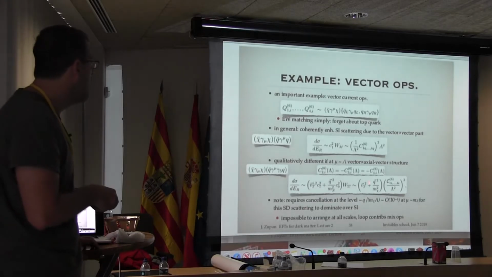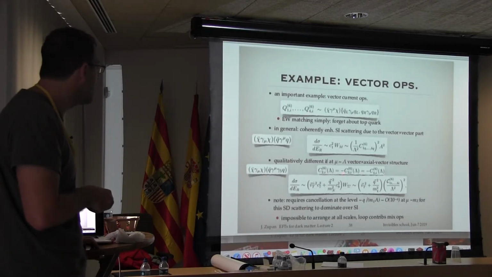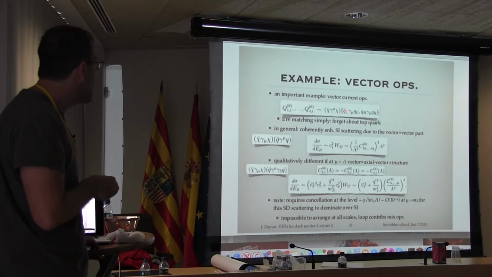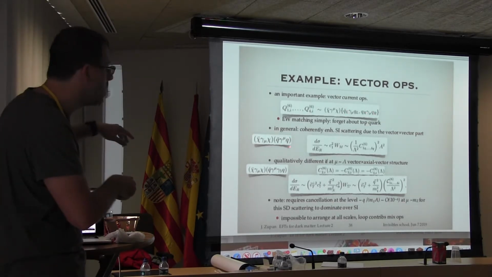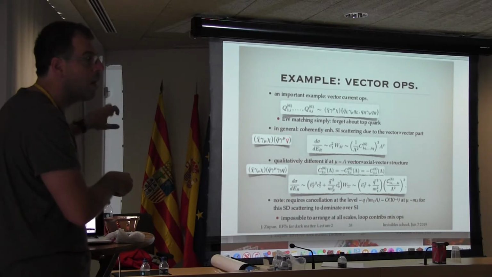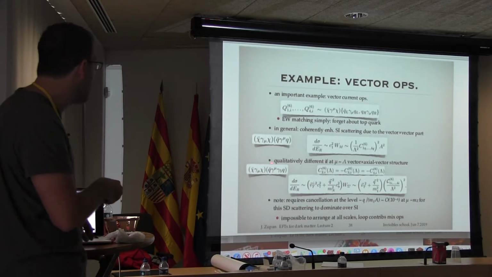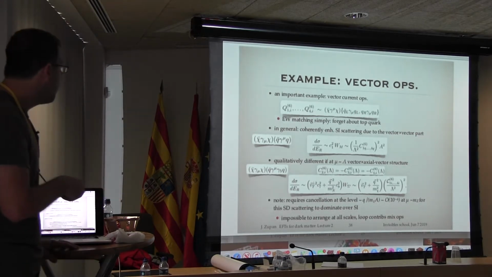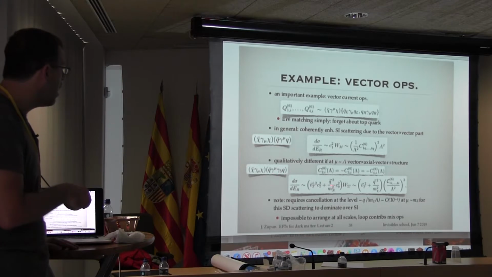So you couple to left and right with opposite charges, which means that the vector piece cancels, and I end up with the axial. Vector times axial is heavily suppressed.